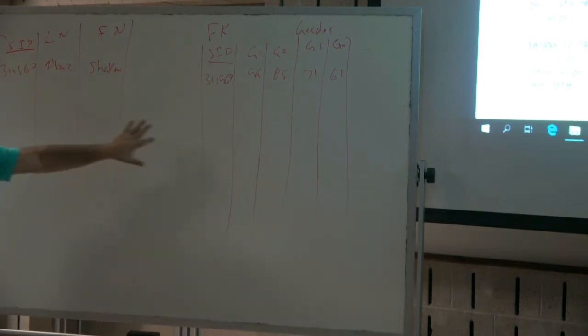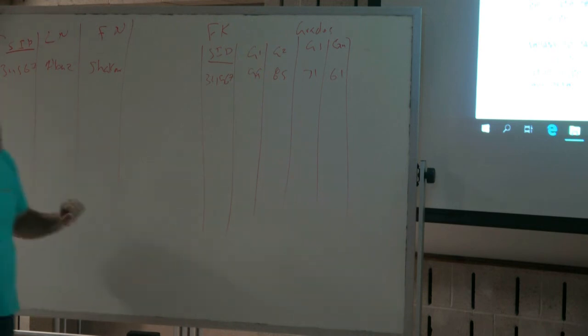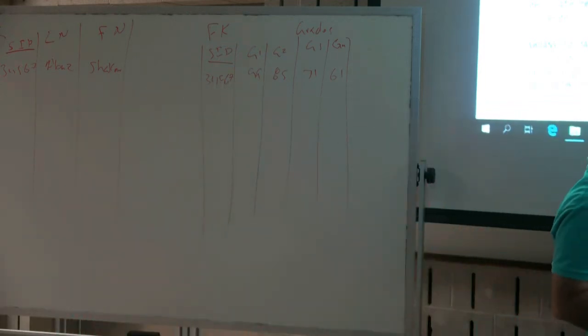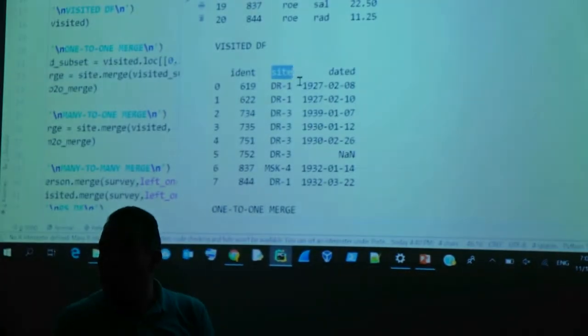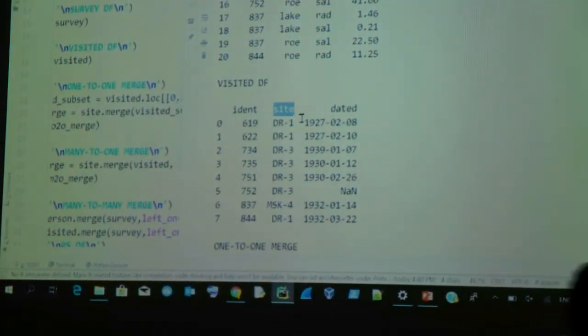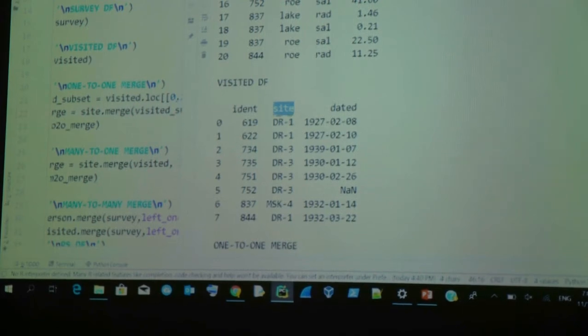I have to join the two tables on the student ID, right? Same thing in here. What is common between the two tables? It is the site. So I have to join them using that key, the common thing. Otherwise I cannot join them, right?